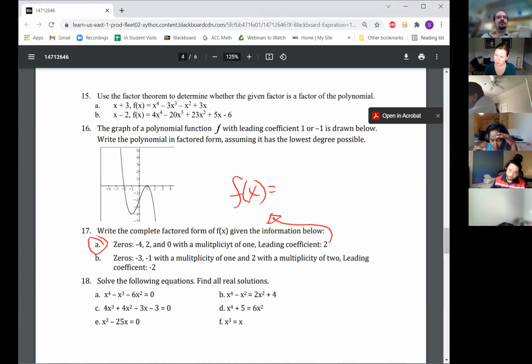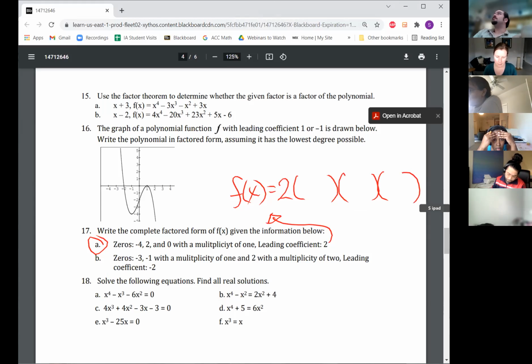I'll try. So f of x, would that be -4 and 2? Well, we're going to start with our leading coefficient. That's why it's called the leading, it goes in the front. Oh, so that'd be 2? So we're going to put a 2. And then we start filling in our zeros here. x plus 4?